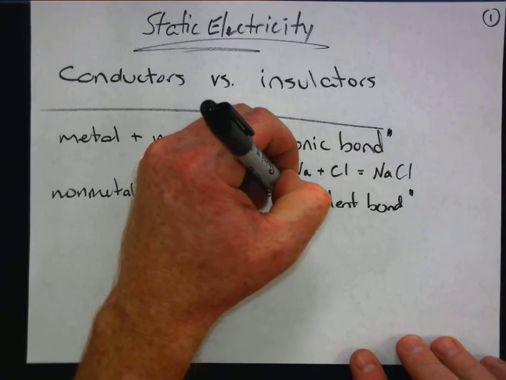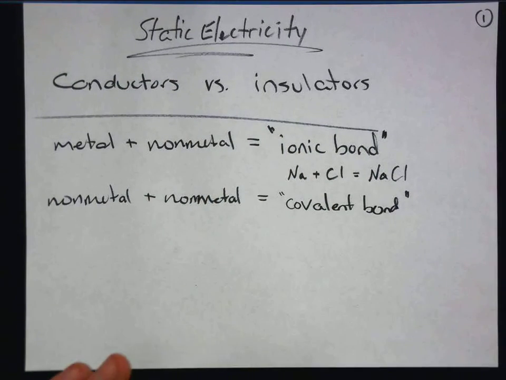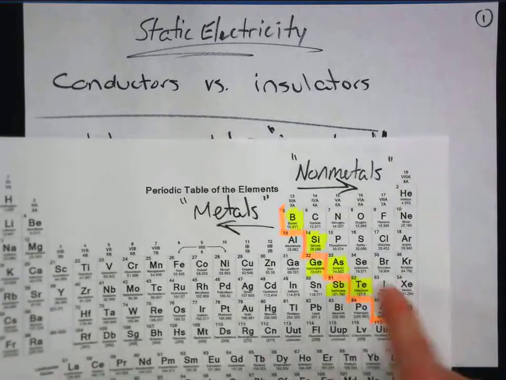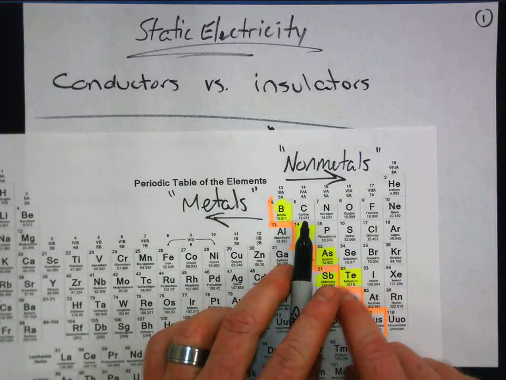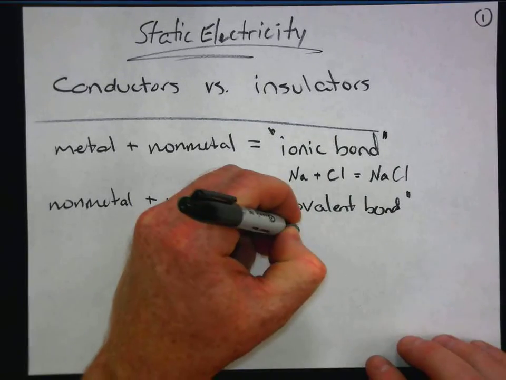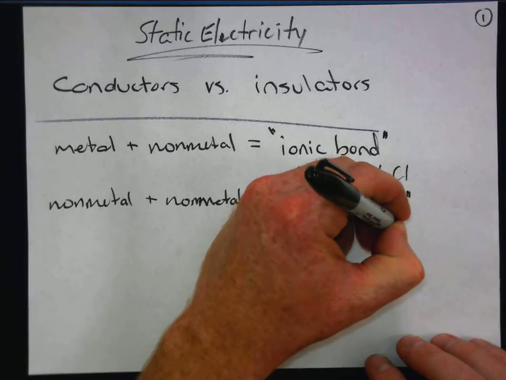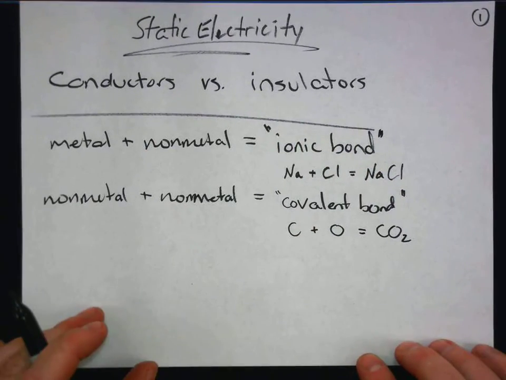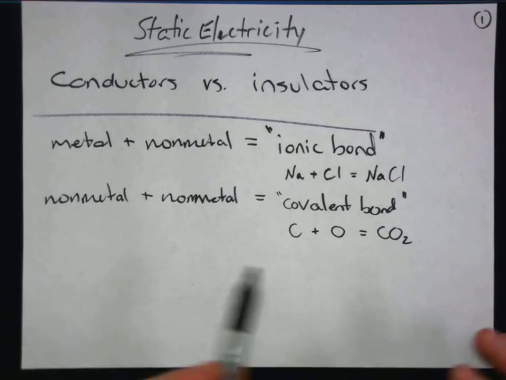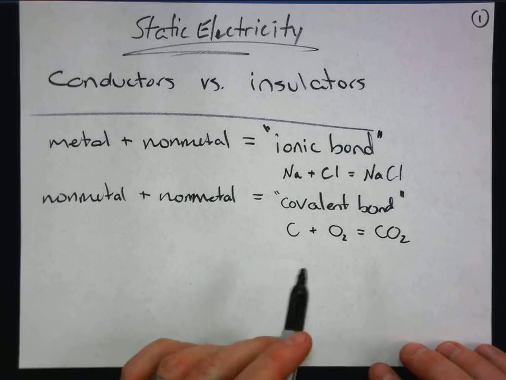Now, don't sweat yourself if you're not into the chemistry that much. I'm not here to teach you chemistry. But if you look at this, well, a couple nonmetals, covalent bond. You might have carbon and oxygen, two nonmetals, and they could bond to form, say, CO2 gas, or carbon monoxide if you prefer.